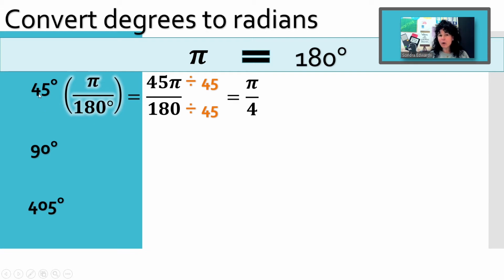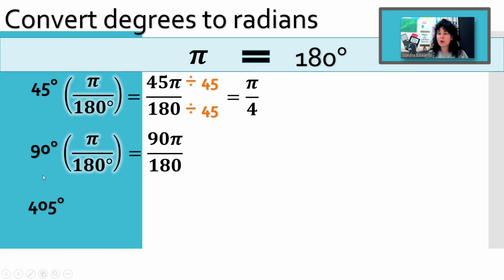Doing just a couple more, 90 degrees: we're starting off with degrees, so we multiply by pi over 180. The degree labels cancel, because that's 90 degrees over 1. Multiplying straight across, we have 90 pi over 180. Divide the numerator and denominator by 90, and we end up with pi over 2. So 90 degrees is equal to pi over 2.